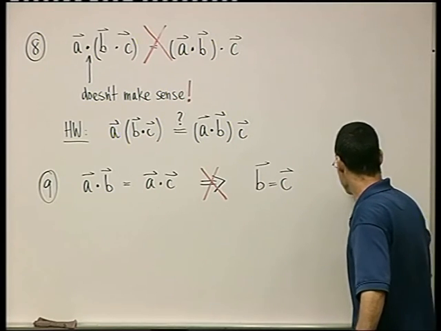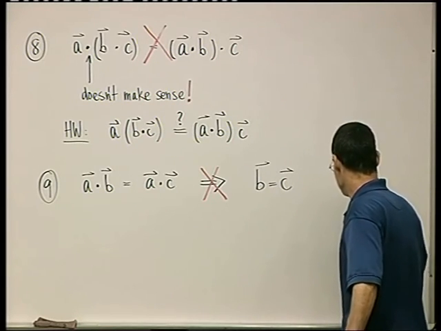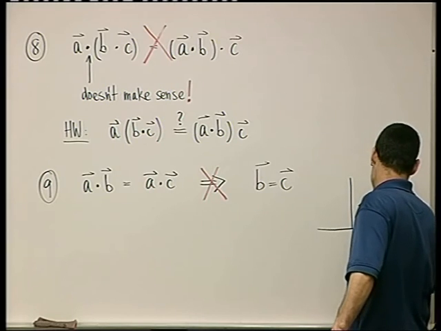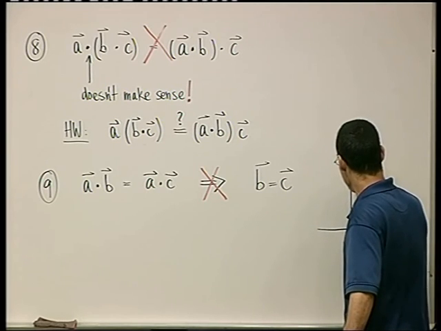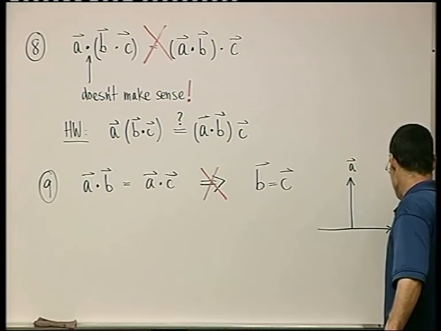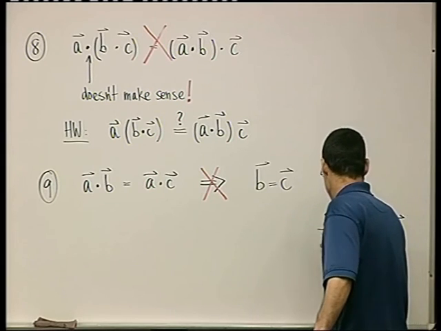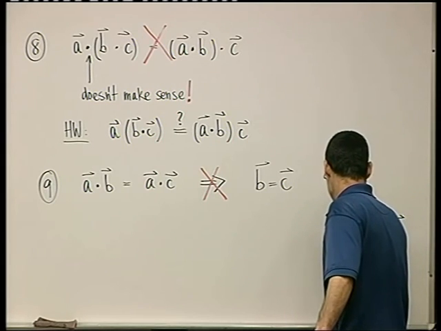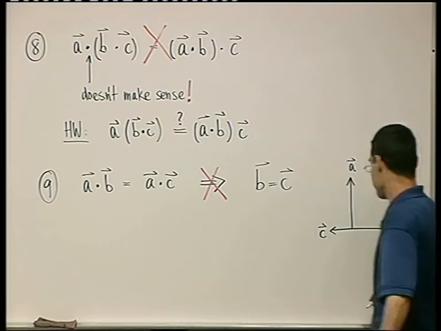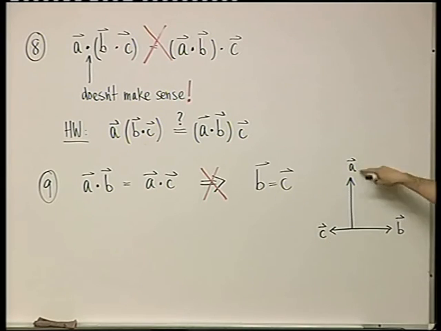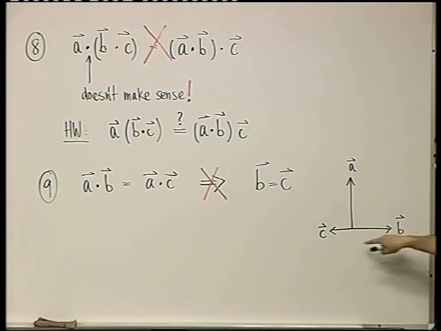So take, for example, this to be A, this to be B, and this to be C. They don't have to be the same length. Okay? So A dot B is what? 0. They're perpendicular, right?